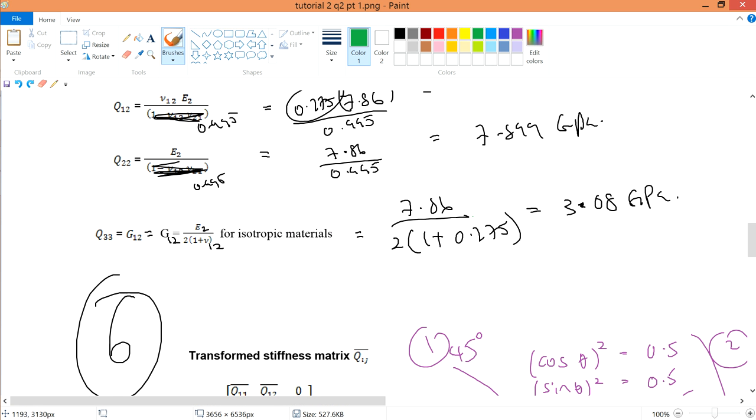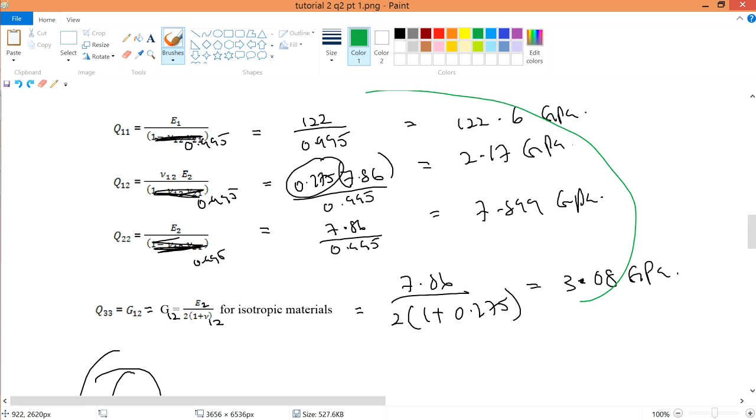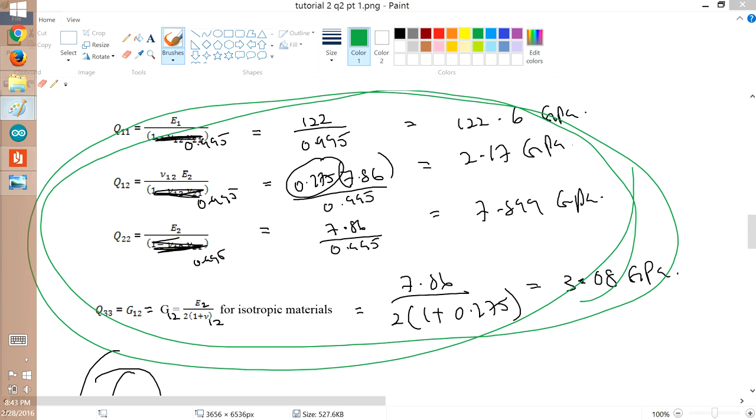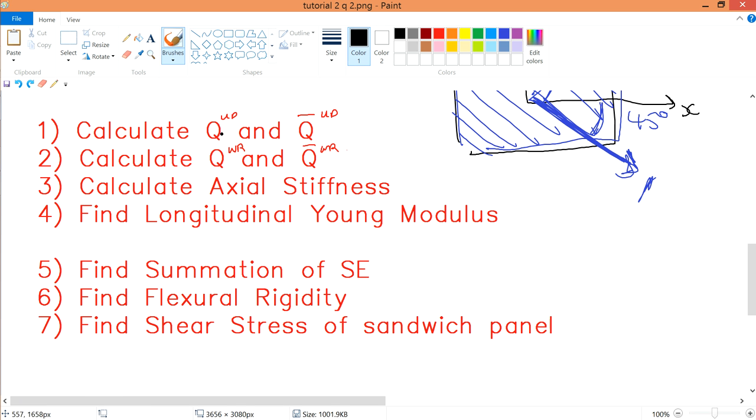Once you get the values of your Q, at this point, for UD, you can either go this way, calculate your Q bar UD and then your Q bar WR, or alternatively, use this to calculate your Q WR, and using your Q WR, you calculate the Q bar WR. Our objective is to get the value of all this.